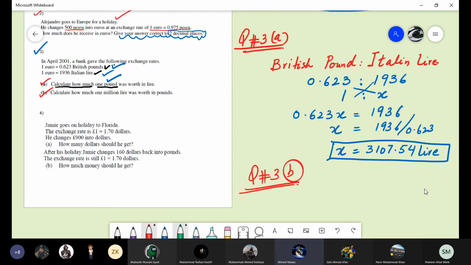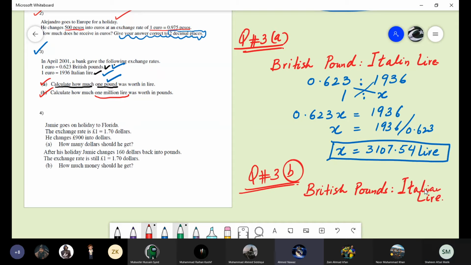Calculate how much 1 million lire was worth in pounds. Okay, so what will be the heading? British pounds ratio Italian lira. British pounds into Italian lira.